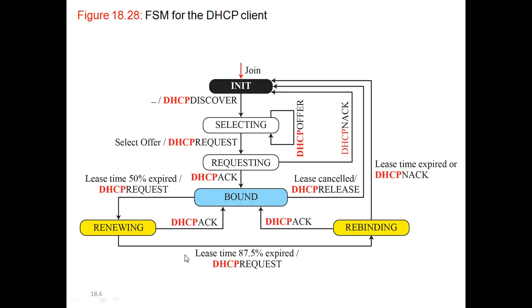Early release, this is the explanation. If the client no longer needs the IP address, then it sends a DHCP release message to the server. The server accepts the request and assigns the IP address to another client waiting for an address.